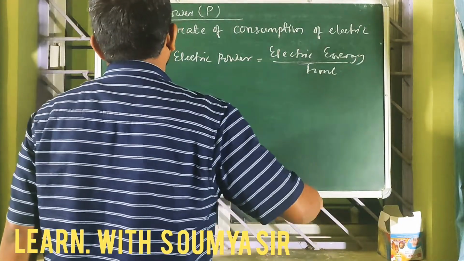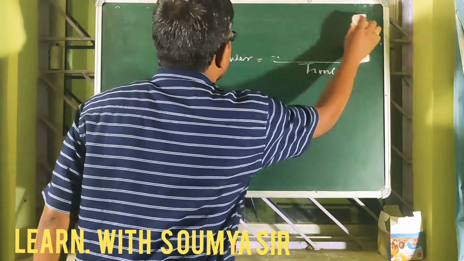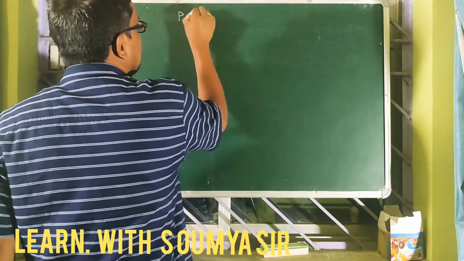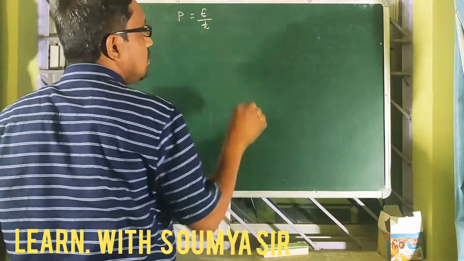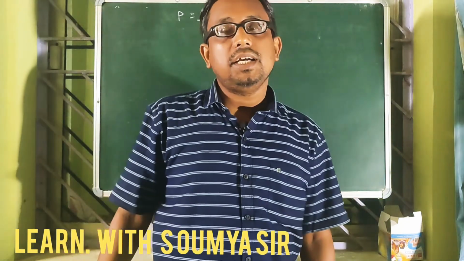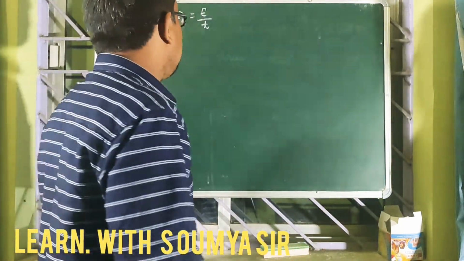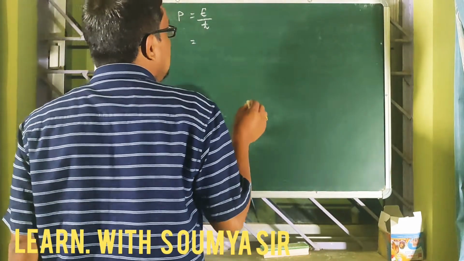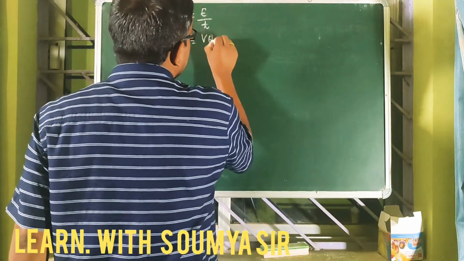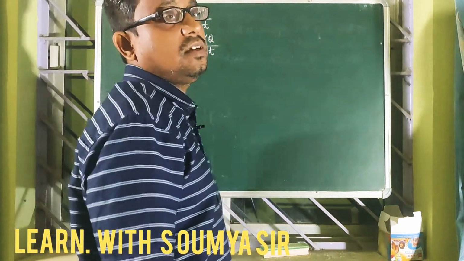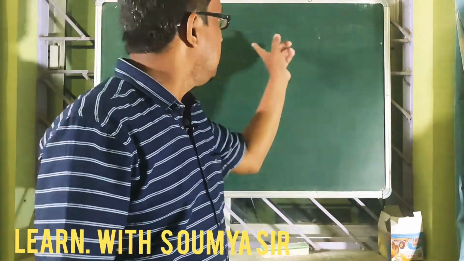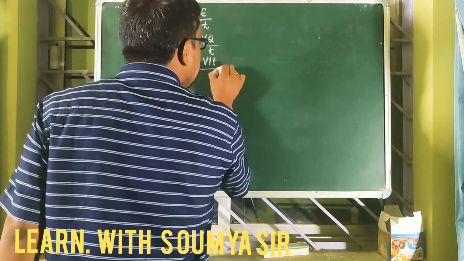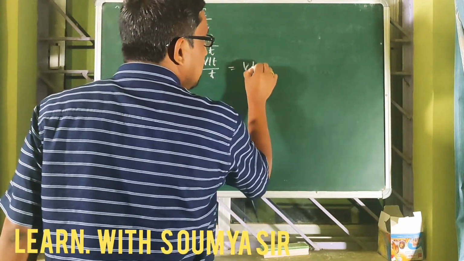So we can write here P is equal to E by T. So first formula we have read. E first formula is VQ. So we can write equal to VQ by T. Because electric energy first formula will be VQ, VQ by T is equal to VIT by T, I can write VI.